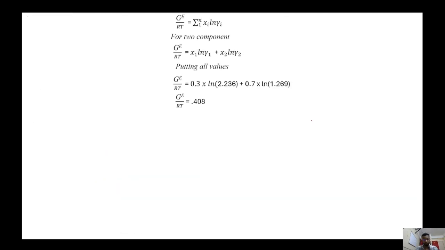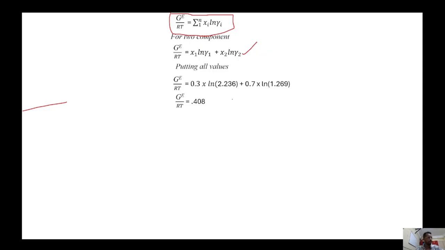What about the second part? This is the general formula: the summation of xi ln gamma i, where i goes from 1 to n for n components. But here we have 2 components, so x1 ln gamma1 plus x2 ln gamma2. So we will get this. Put in all the values.